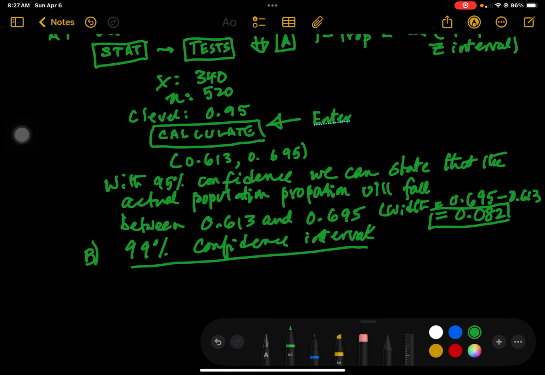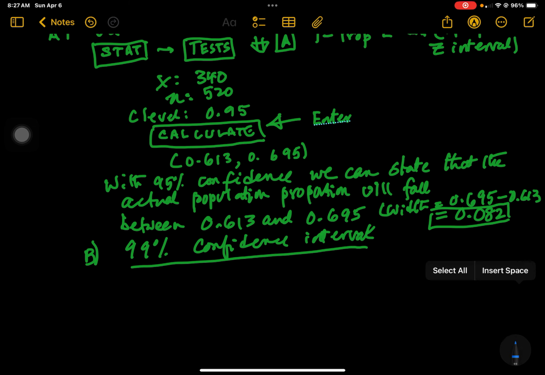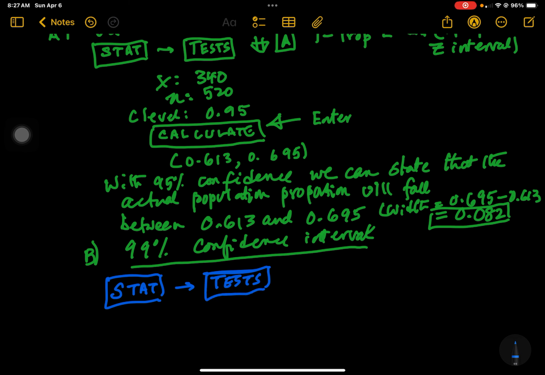Let me change the color of my ink to something else. So again we will go stat, then highlight test on the top row, then we'll scroll down with the down arrow key to A, which is 1 prop Z interval. For X we will not change anything. X will still be 340. N will be 520.